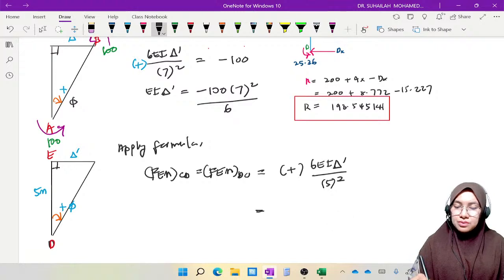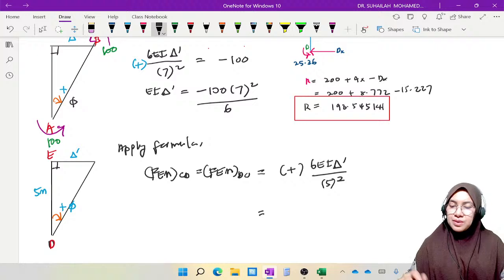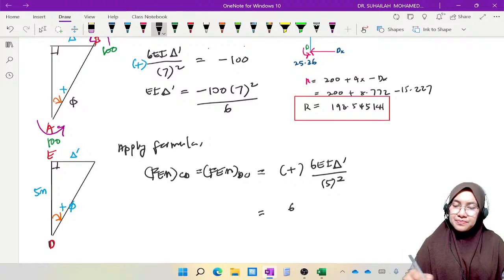Solving this, we get 6 over 5 squared, times negative 100 times 7 squared divided by 6.